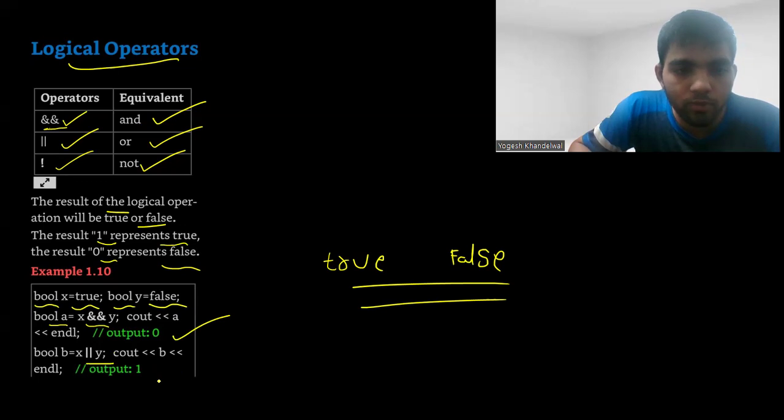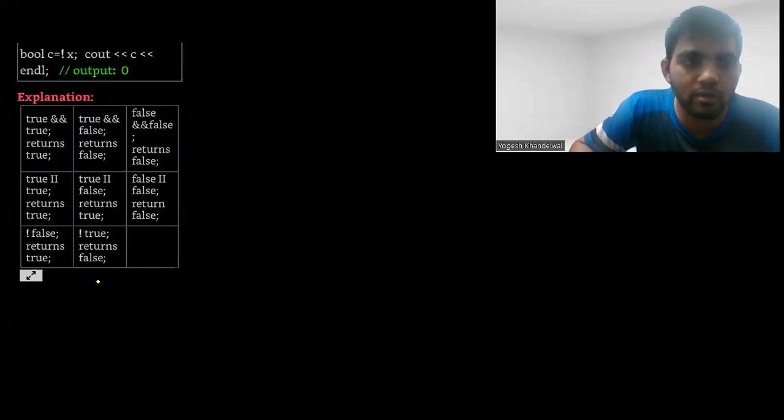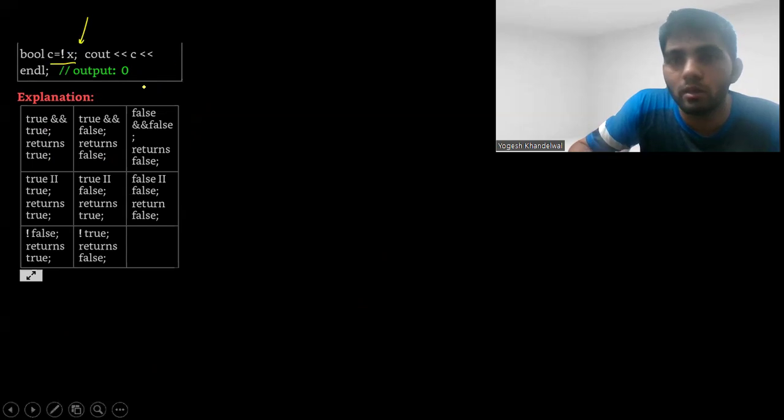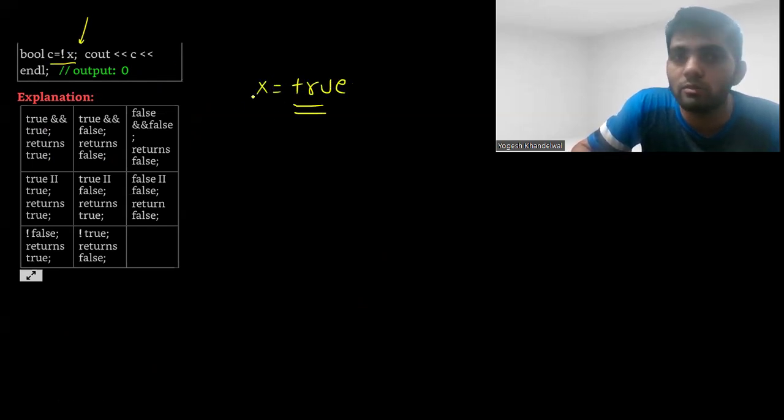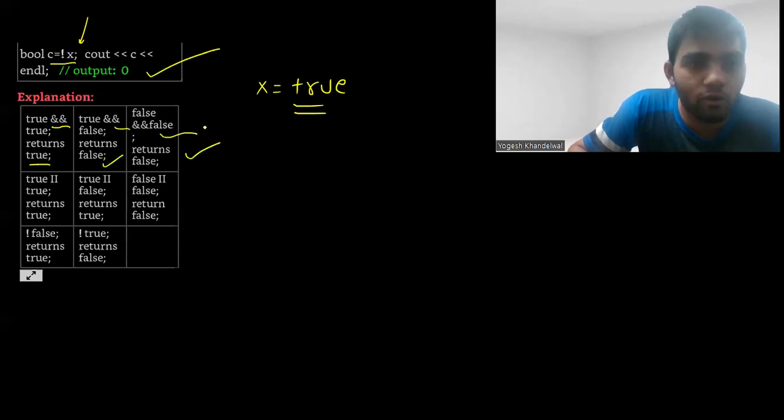If you do the OR operation, then the output of true or false is true, which is represented by 1. Like if you do the NOT operation of x, here x is equal to true, then the NOT operation will become false, which is represented by 0. So if you use this operation, like true and true, AND is true, true and false, AND is false, and false and false, AND is false.